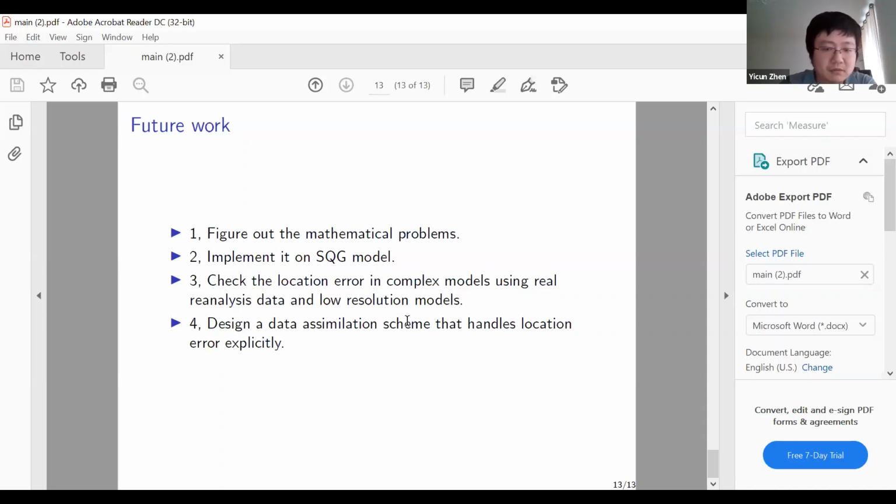Interpolation error? No, it's representativity error. I think there is maybe a link between the representativity error and this transformation. Do you have the same feeling?